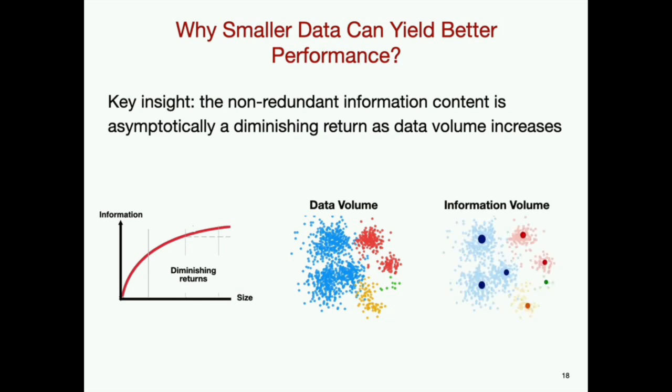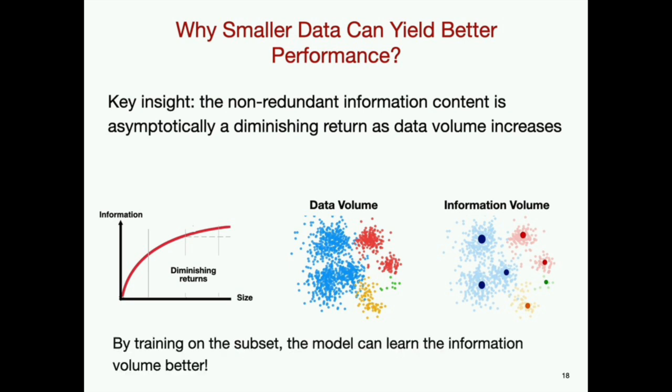If we can eliminate these redundancies and find the smallest subset that carries all the information, which let's call the information volume, then by training the model on this smaller, most informative subset, the model can learn the information much better, right? This is the high-level idea.